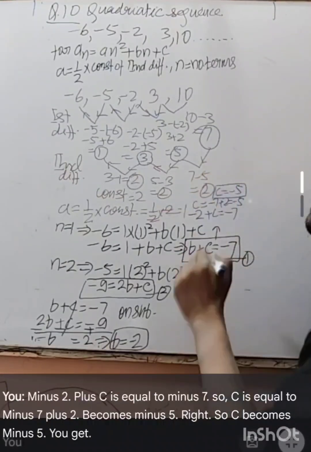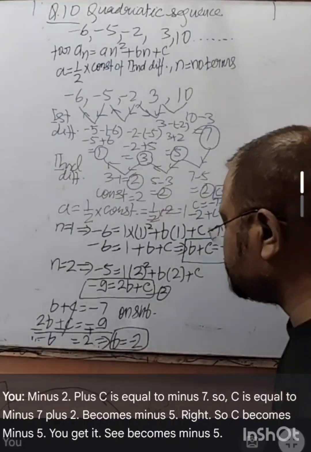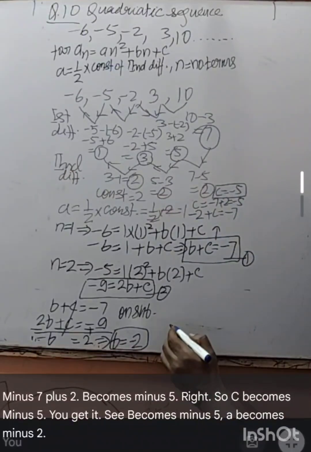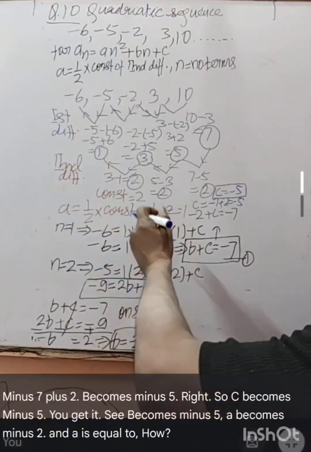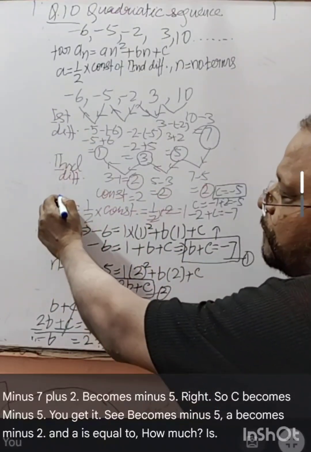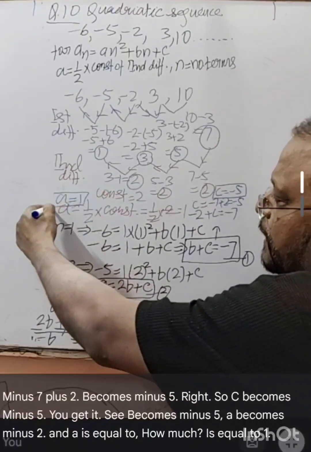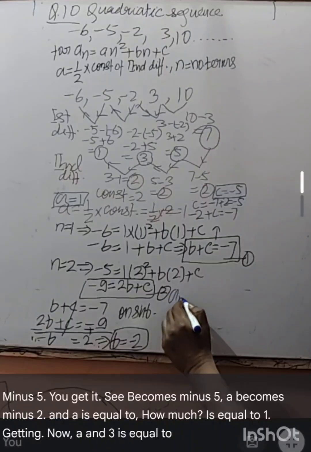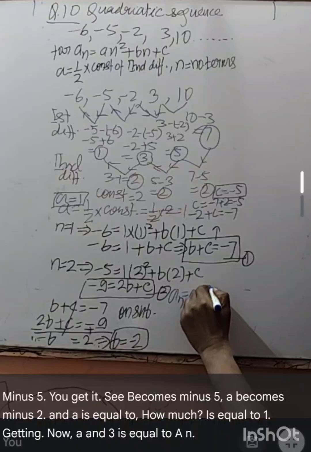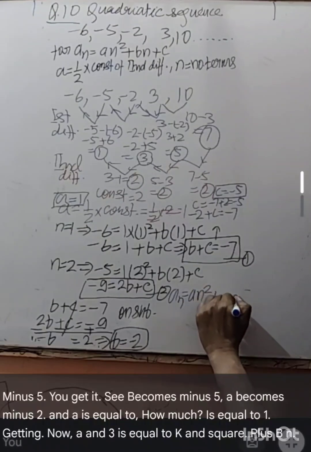You get it? c becomes -5, b becomes -2, and a is equal to 1. Getting? Now the nth term is equal to an square plus bn plus c.